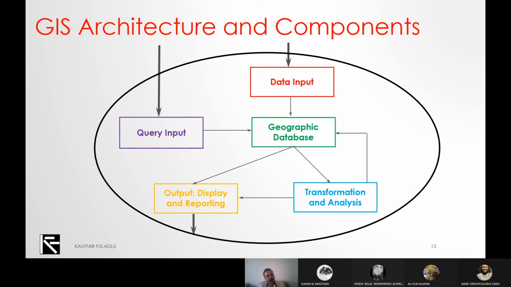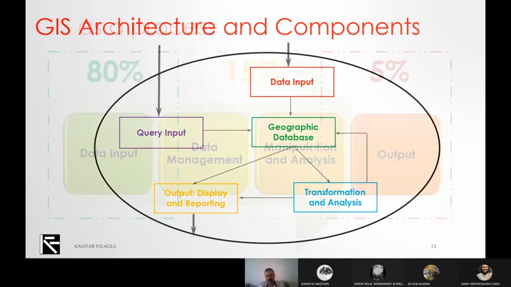Then we work on it, we manipulate it, we transform it, and analyze it. And at the end, we make an output result and display, and we give it to the end user. As you can see, the important part is the data.